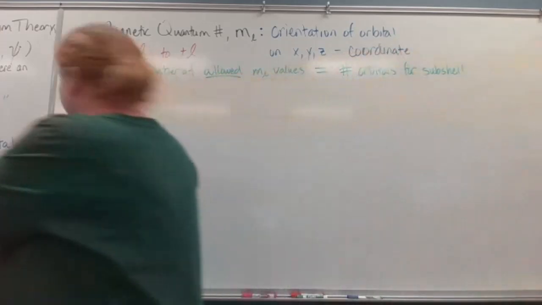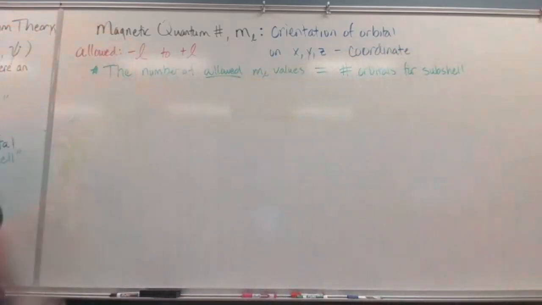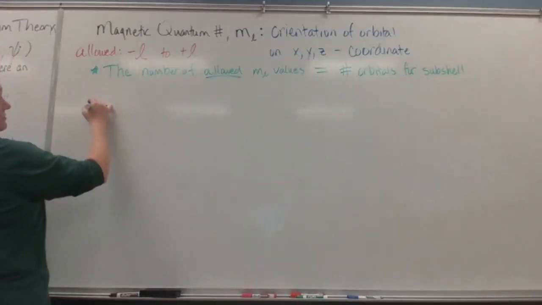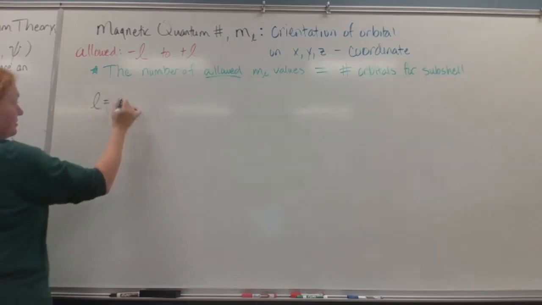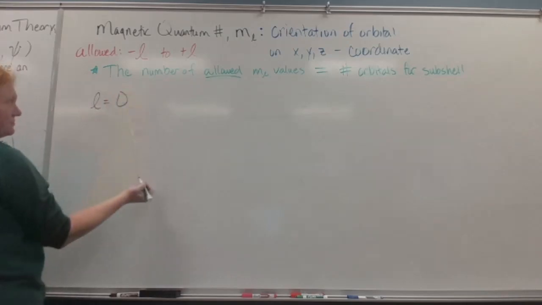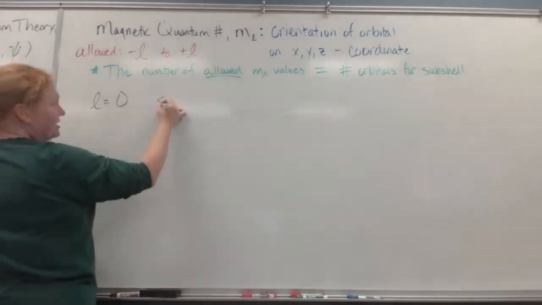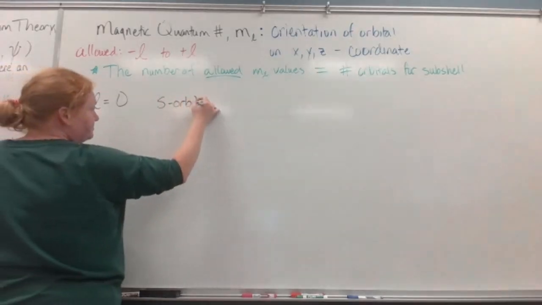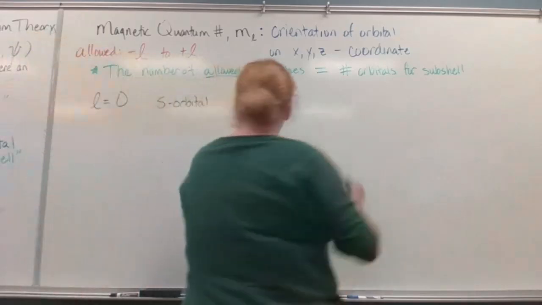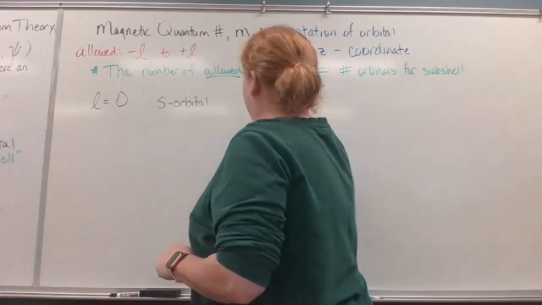Let me show you what I mean. Let's say you have an L value of 0, which corresponds to an s orbital, right? That's what we call it. What m sub L values are allowed?